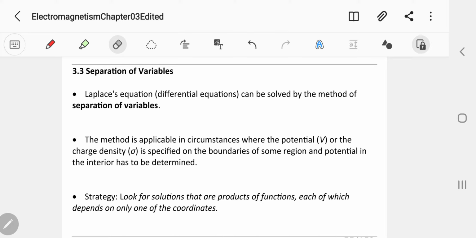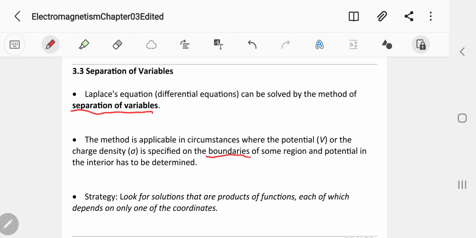Let's look at the configuration that we're going to solve. By the way, the Laplace's equation can be solved by methods of separation of variables, and I know that you have heard about that. The method is applicable in circumstances where the potential V, or the charge density, is specified on the boundaries.